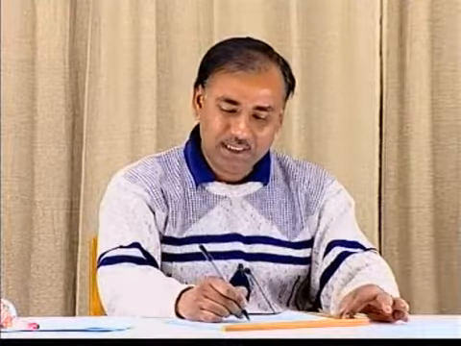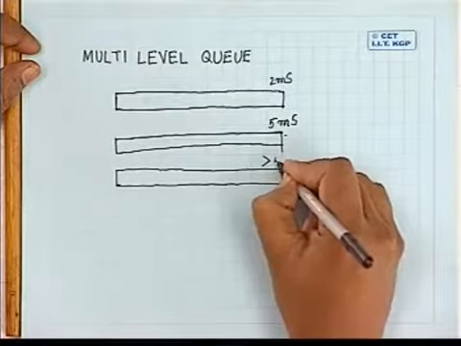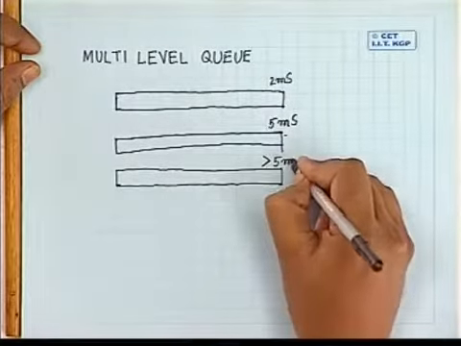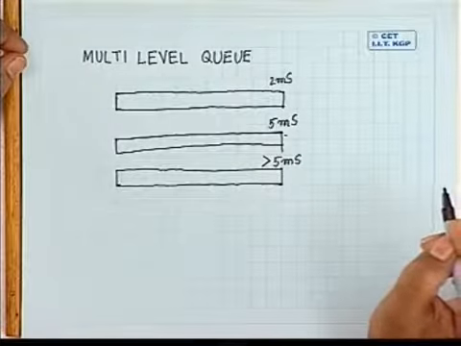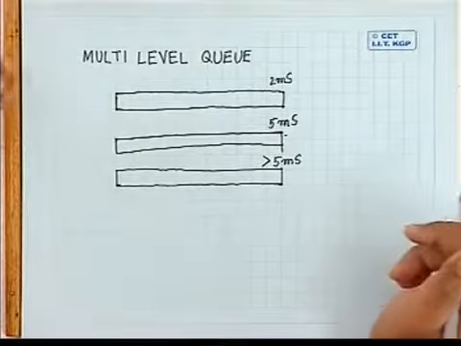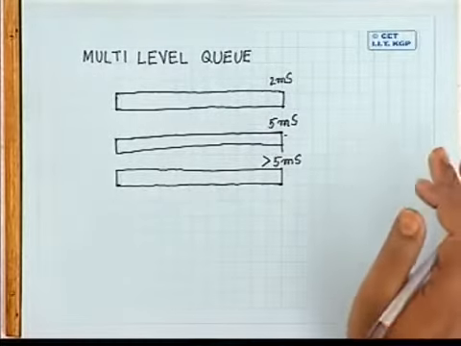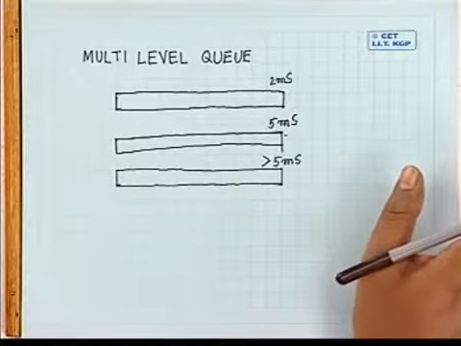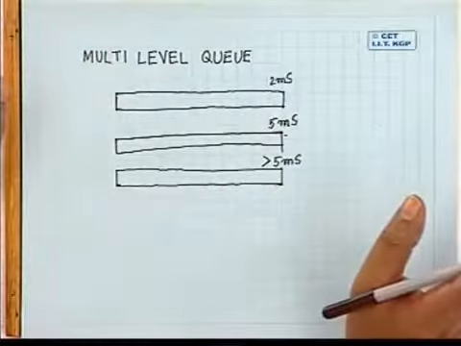And the third may contain the jobs whose CPU time requirement, or burst duration, is greater than 5 milliseconds. So if by some means we can estimate the average CPU burst time of a job, I can put the job in one of the ready queues.